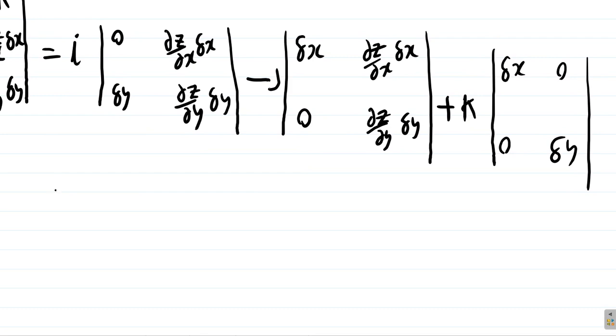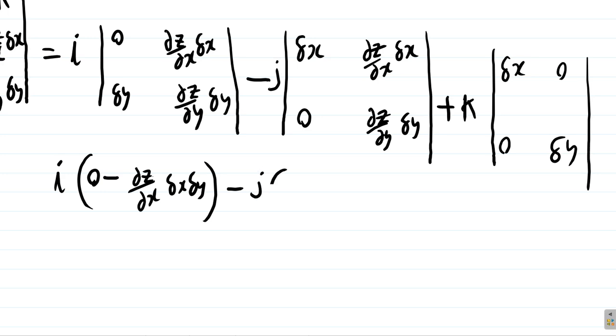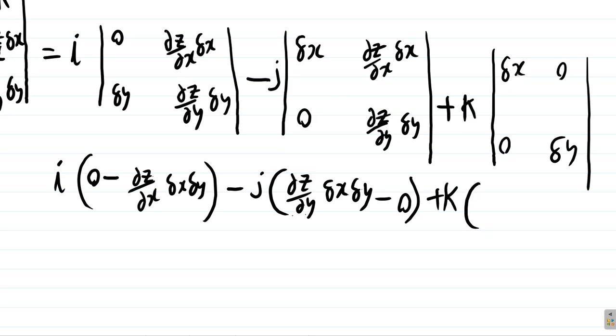So let's look at it now. It's I times this times this, 0 by this minus this by this. 0 times this is 0, so it's 0 minus delta z by delta x, changing x, changing y, minus j times delta z by delta y, changing x, changing y, so you multiply this by this, minus this by 0, which is 0, plus k times this by this, which is delta x, delta y, minus 0 by 0, which is 0.